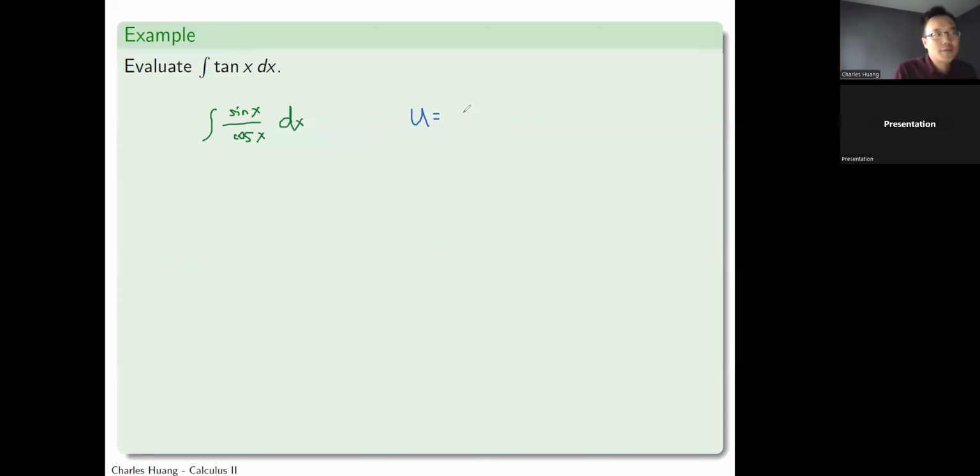If you substitute for sine x instead, you will have du/dx is equal to cos x. So it looks like it's going to be fine, except there's a problem.